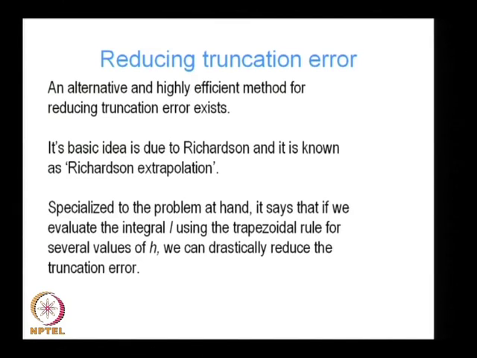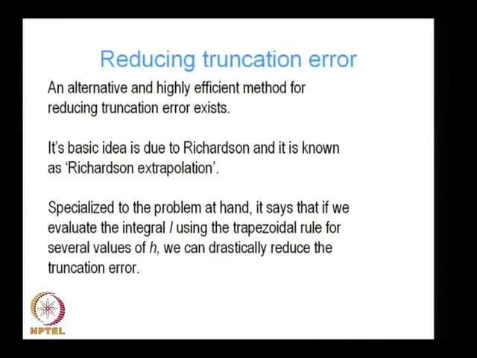However, instead of using either h or p refinement, there is an alternative and highly efficient method for reducing the truncation error. Its basic idea is due to Richardson, and it is known as Richardson extrapolation.